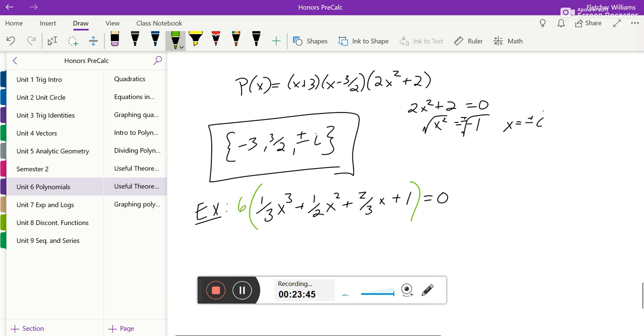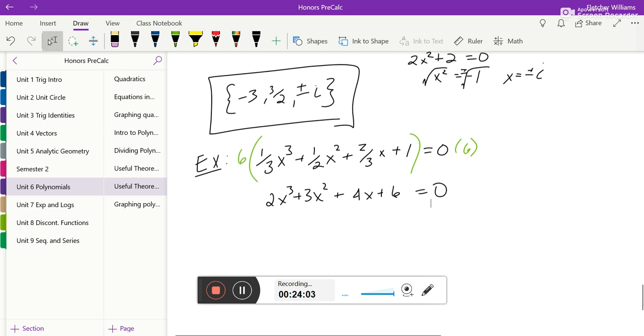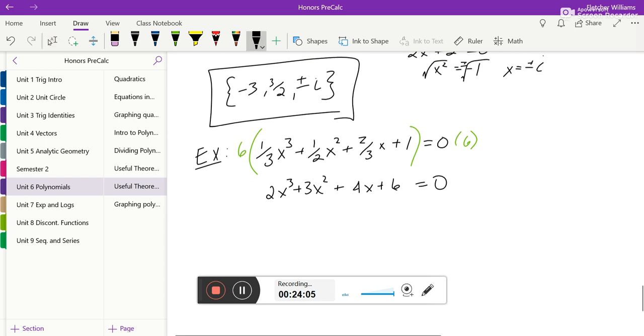So you multiply by 6, multiply the right side by 6 to get 2x cubed plus 3x squared plus 4x plus 6 equals 0. And then, now that you have this form, you can start going through and getting your factors and then your possible rational roots from there.